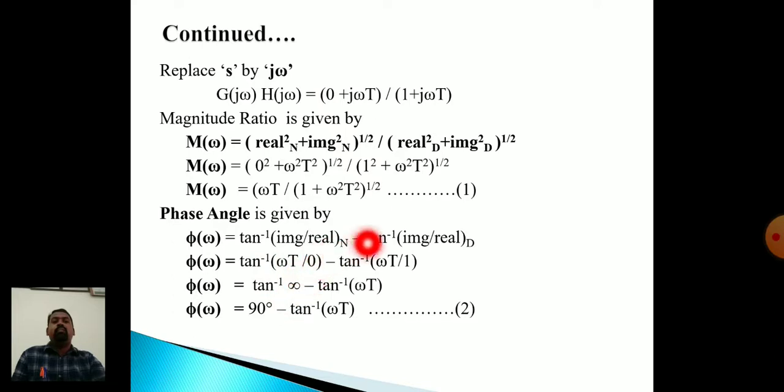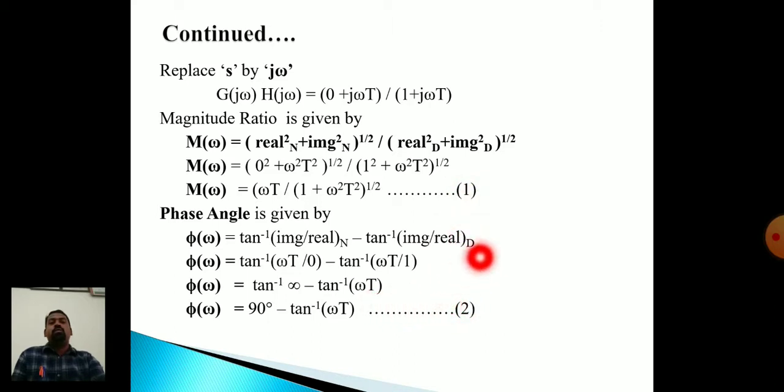In the denominator term, tan inverse of imaginary, omega t, by real, 1, that is omega t. So finally, tan inverse of infinity is 90 minus tan inverse of omega t. We call this equation number 2. So equation number 1 is the magnitude ratio, and equation number 2 is the phase angle.